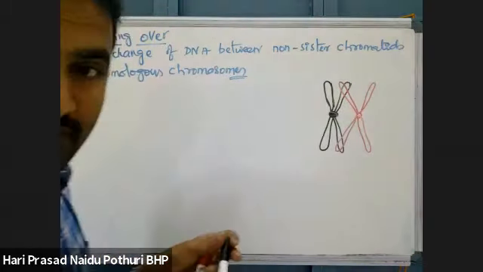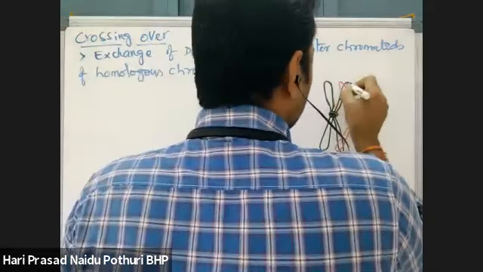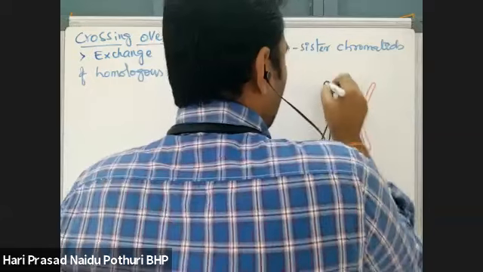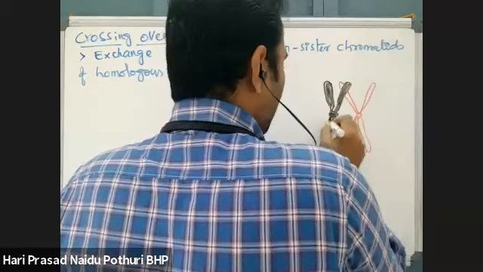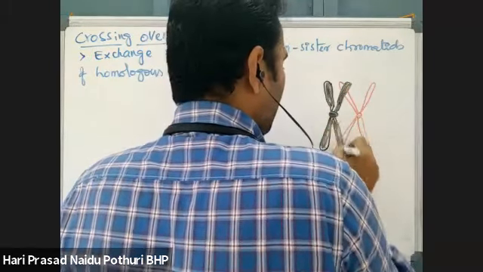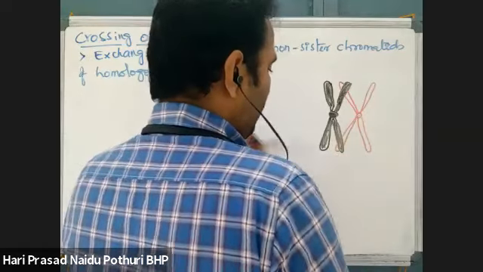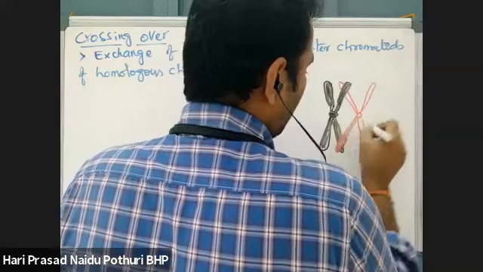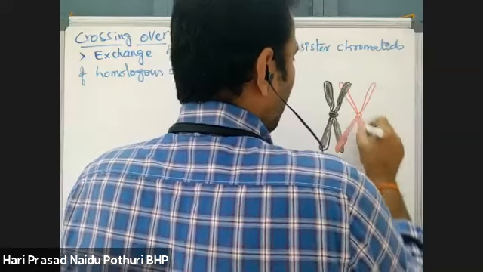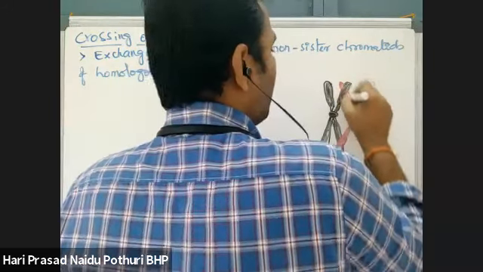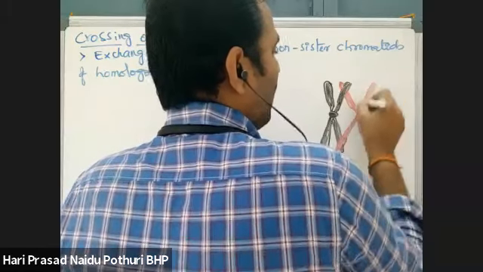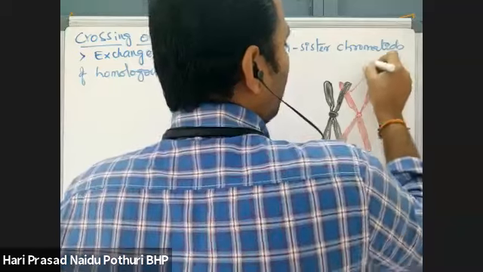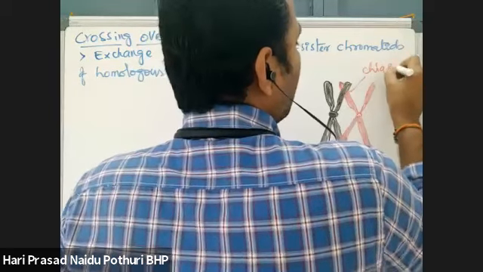Very good, Jayreka. Now, suppose this is one chromosome, a tetrad of the chromosome. This chromosome crossed with another chromosome like this. When this chromosome crossed with another chromosome, there is formation of a recombination nodule. What is that recombination nodule called?